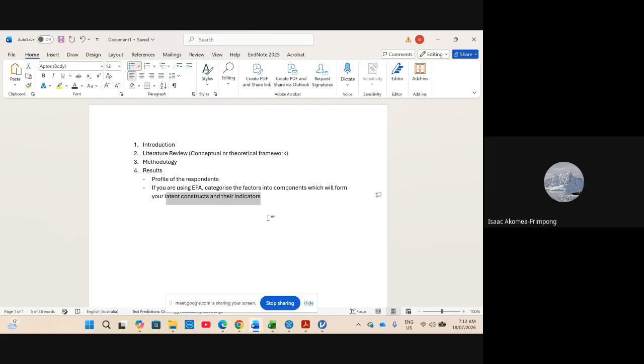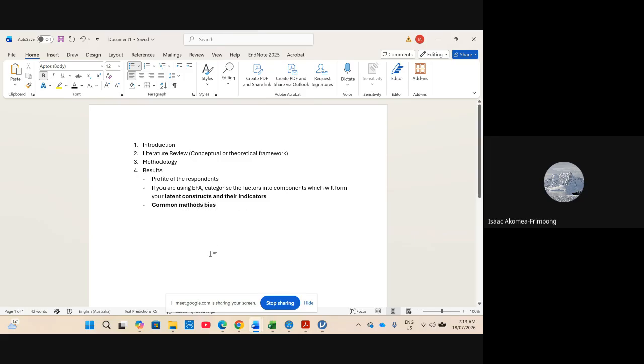If the factors have already been categorized or grouped, just like how many of you have done from the conceptual framework and the theoretical framework, then there's no need for you to do the EFA. But if you are having raw factors, raw issues, raw problems, it's good for you to conduct EFA. You have to categorize the factors or the issues into components, which will form your latent construct and their indicators. Now, what next? The next thing to do is you need to conduct what we call common method bias.